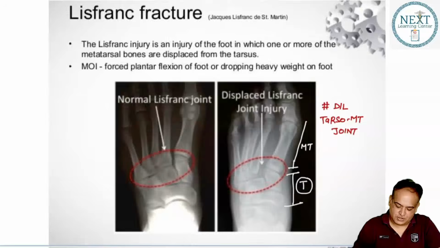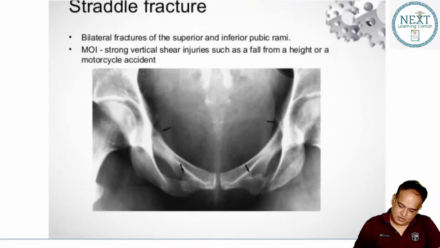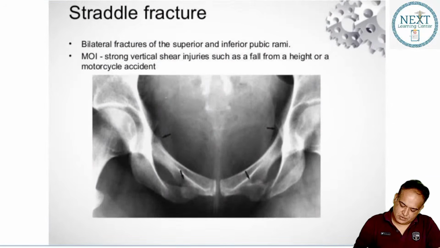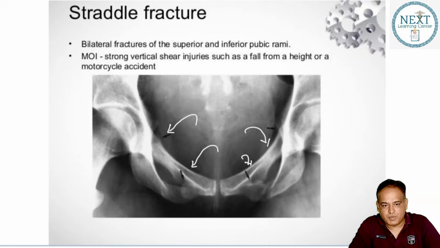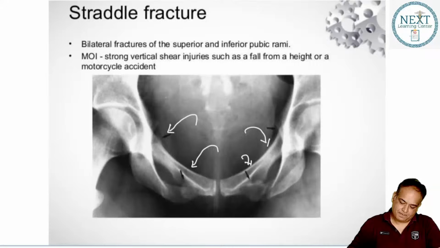Lisfranc fracture. Straddle fracture. So there is bilateral fracture of the superior and inferior pubic rami. Straddle. घोड़े के ऊपर बैठने वाली काठी, उसको हम लोग बुलाते हैं जी straddle. Right?